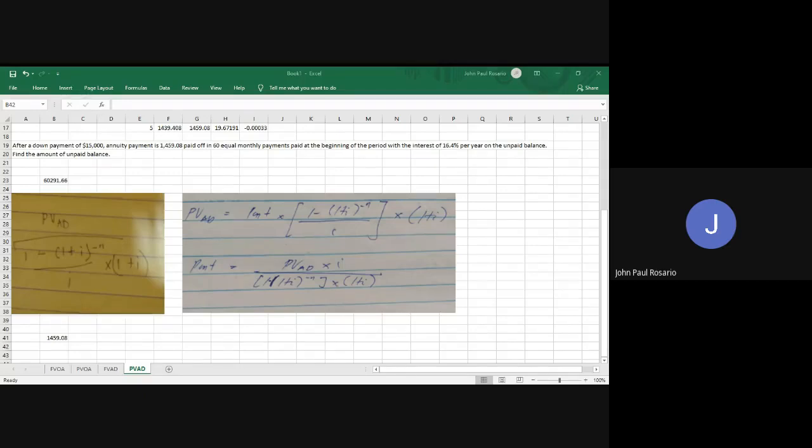So 1 minus (1 plus I) to the power of negative n is equal to PVAD times I over payment times 1 plus I.